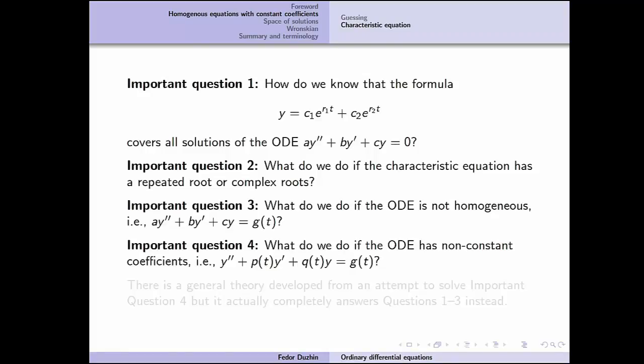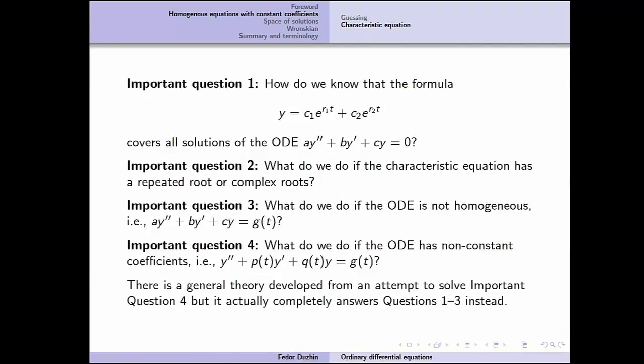And the funny thing is that although questions 1 to 3 seem easier, and they are easier, as often happens in mathematics, it makes more sense to try to solve the harder question and develop a general theory, and that general theory happens to successfully answer the easier questions 1 to 3.